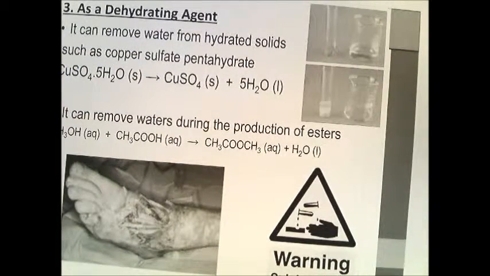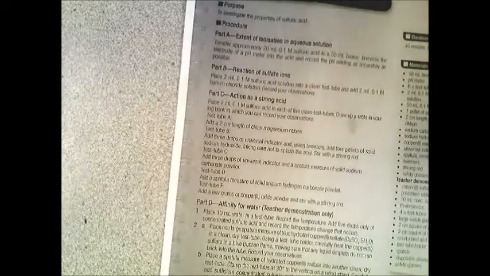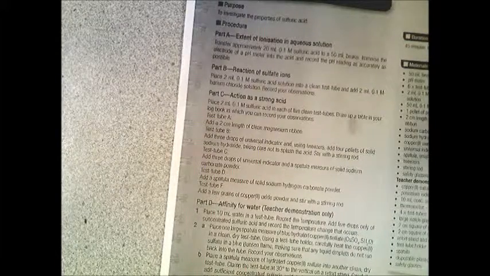So basically it's really good at removing water. That's why it's called a dehydrating agent. Okay, we're done with those.